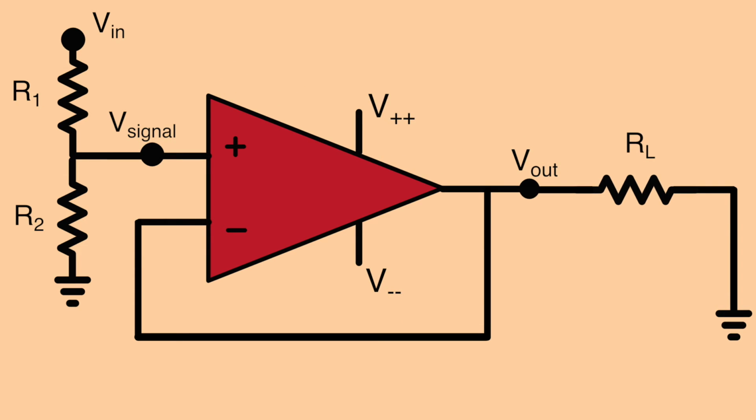Because the unitary buffer has a very large input resistance, it does not load down the output of the voltage divider. Actually, impedance and not resistance is the correct terminology, but we'll get to that later. Thus, the voltage going into the unitary gain buffer is essentially unchanged. And because its gain is exactly 1, the output voltage is the same as the input voltage, V signal.